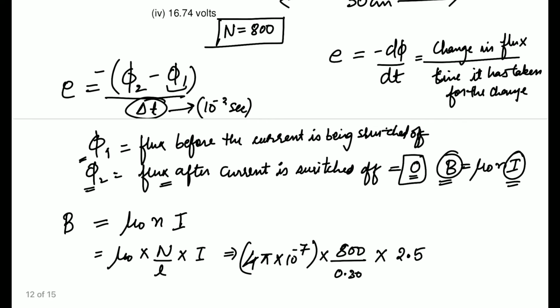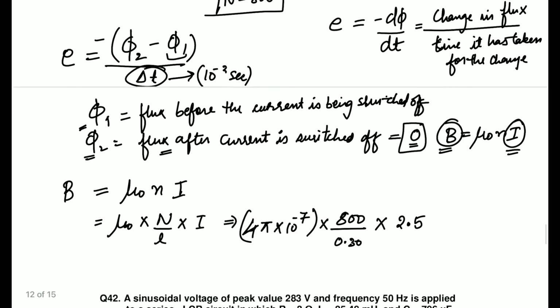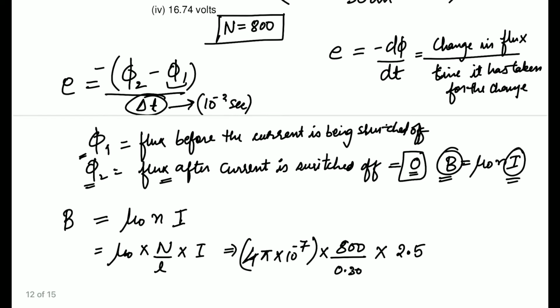So this is the magnetic field in the first case. Now that I know the magnetic field, I can find the flux, that is the flux 1, the initial flux.